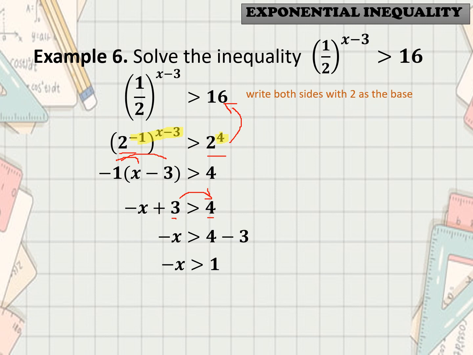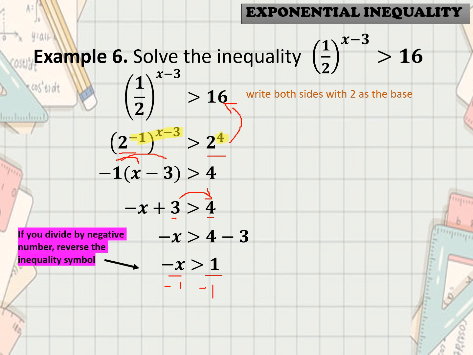Okay, so, since negative pa yung ating x, i-divide natin both sides by negative 1 para maging positive yung ating x. So, kapag nagdi-divide tayo ng negative number, mababaliktad yung ating inequality.